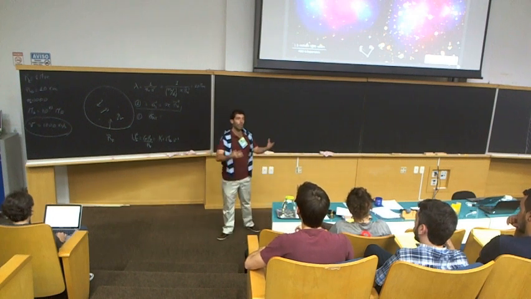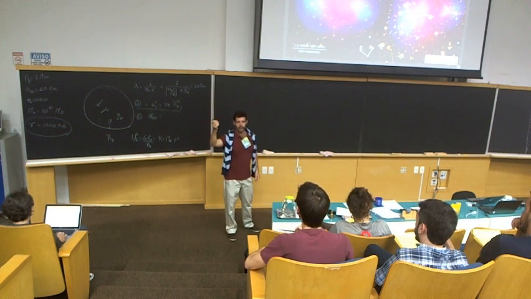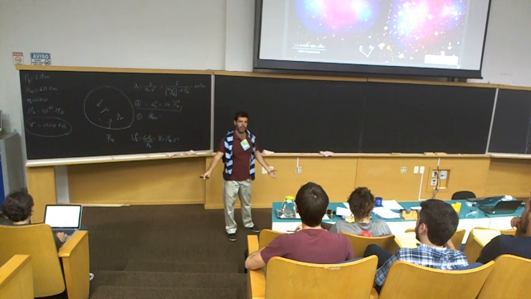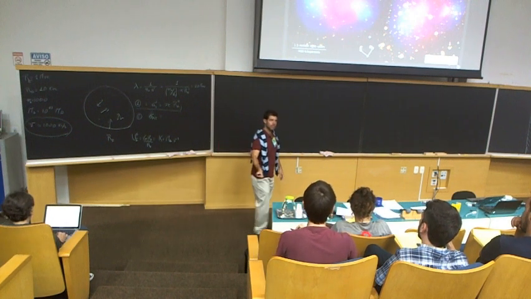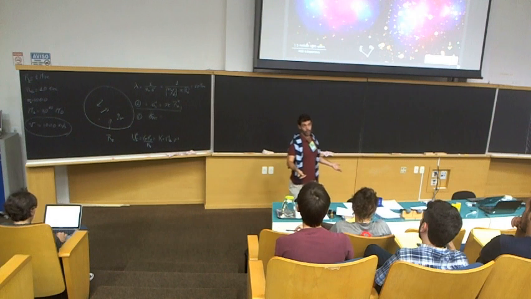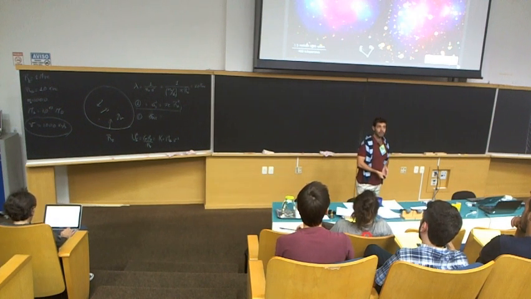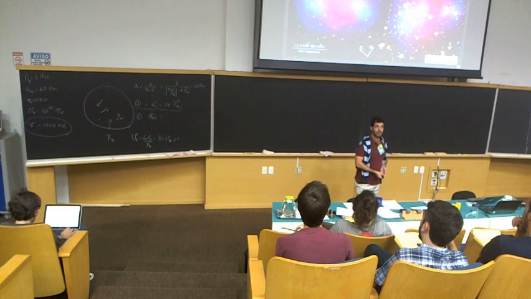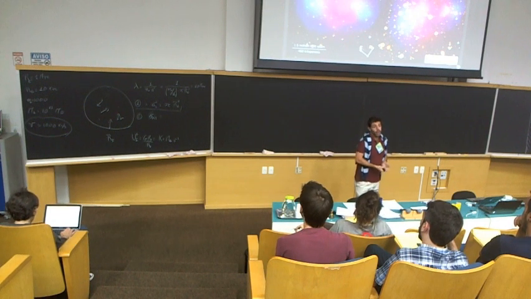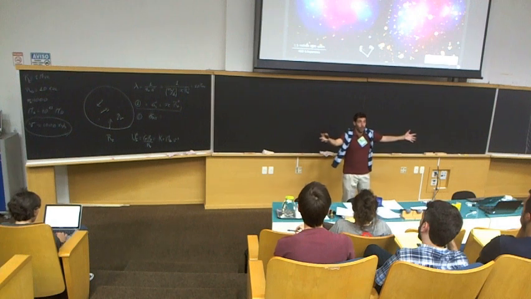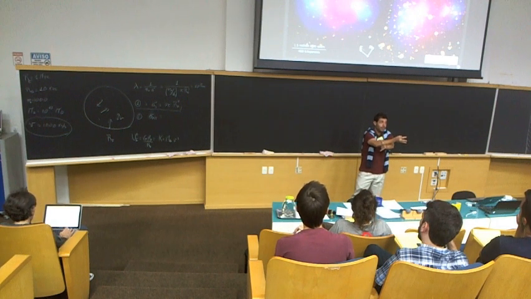So what happens if I throw one cluster of galaxies against another cluster of galaxies? The systems have the same density, right? So are galaxies going to collide or not? Not going to collide, right? They just go through each other, because the chance that one galaxy hits another galaxy is very small.